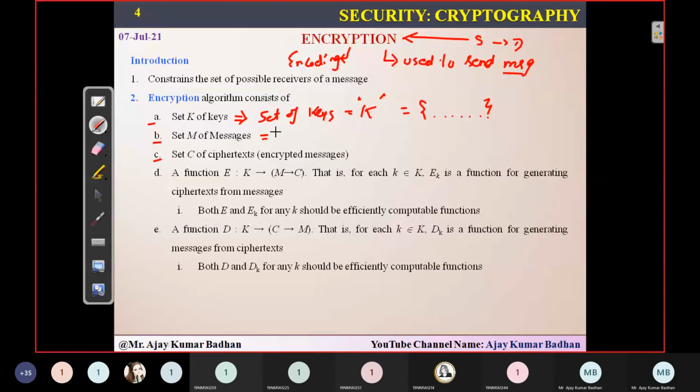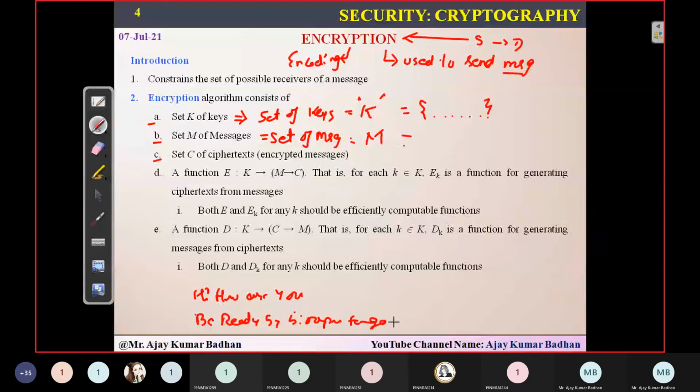Then we have something called a set of messages, which we represent with capital M. What do we mean by a set of messages? Like when you are transmitting "Hi, how are you?" and after that, in the same message, you're typing "be ready by 5 p.m."